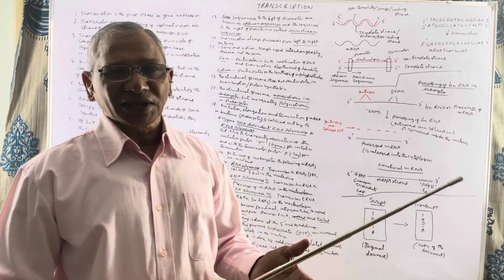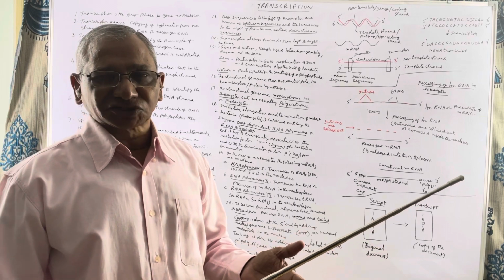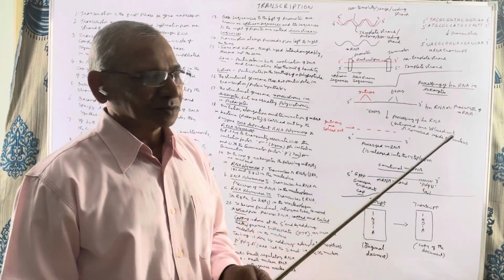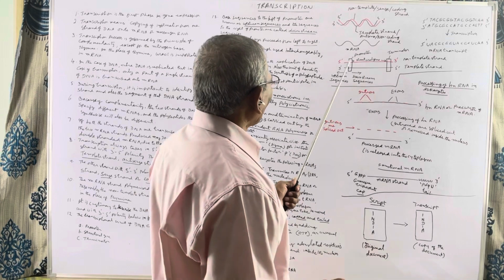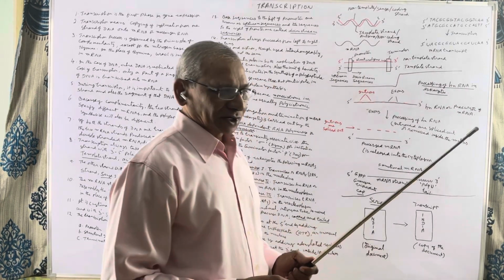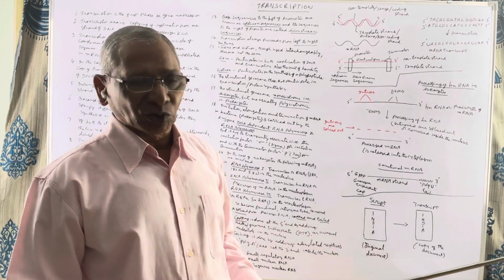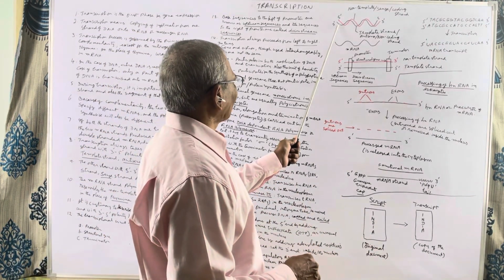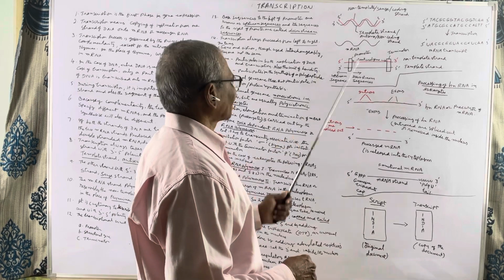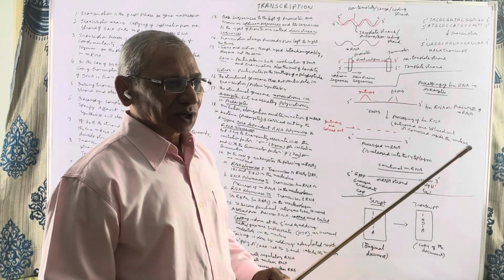It depends upon the message the mRNA has to copy. I have told you, transcription always occurs on the strand with 3-5 polarity. Let us say this is the strand on which transcription is about to take place.